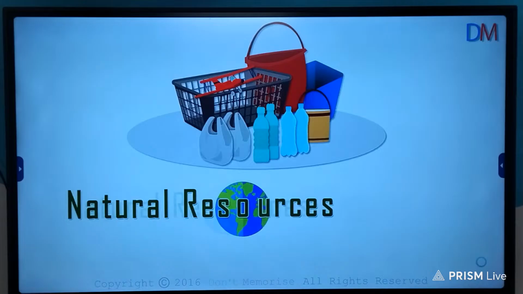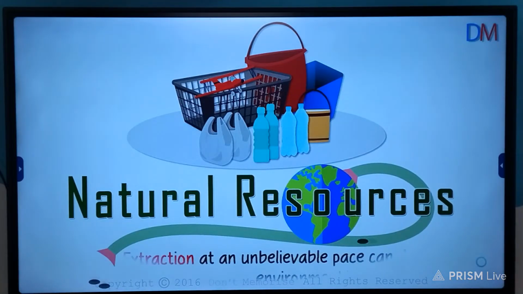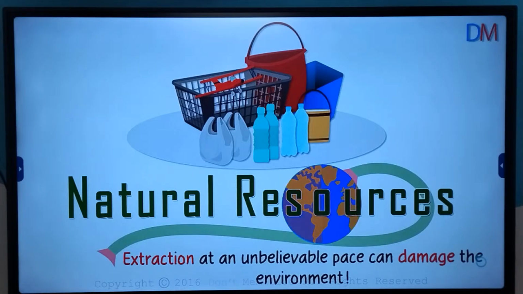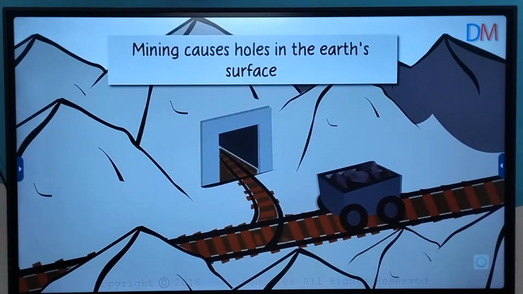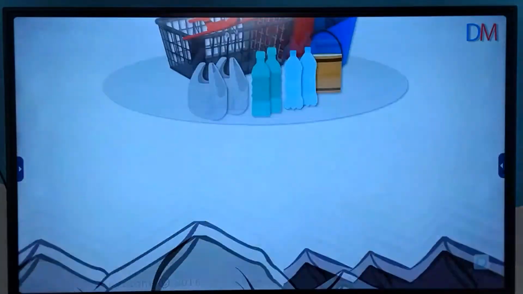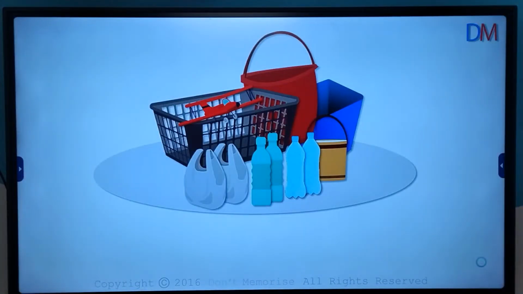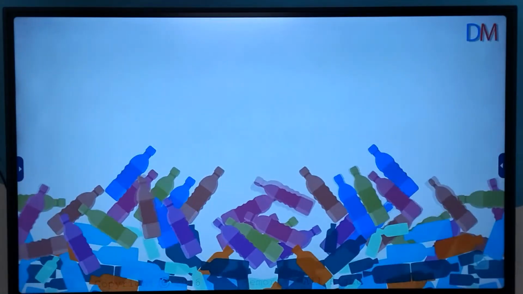To produce something, we extract the natural resources. Extraction from the environment at an unbelievable pace can damage the environment. For example, mining causes holes in the Earth's surface, and this damage must then be repaired. What happens after we use the produced materials? True, we generate a lot of waste, and we must dispose of this waste.